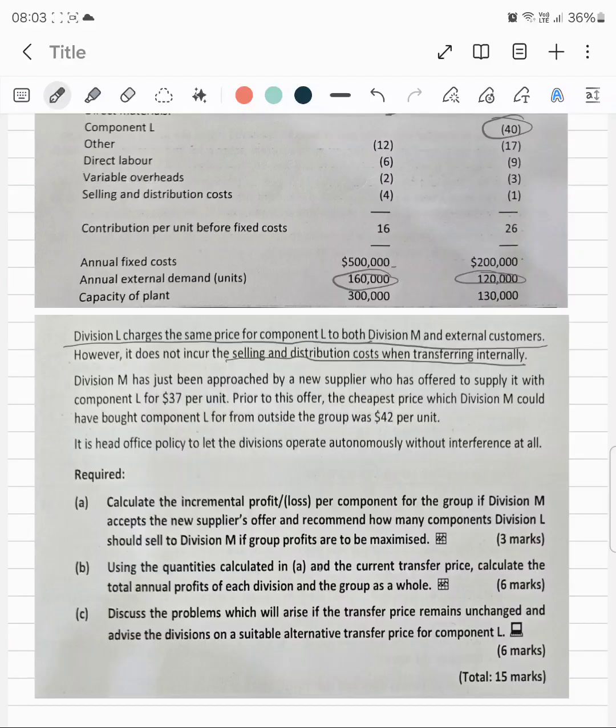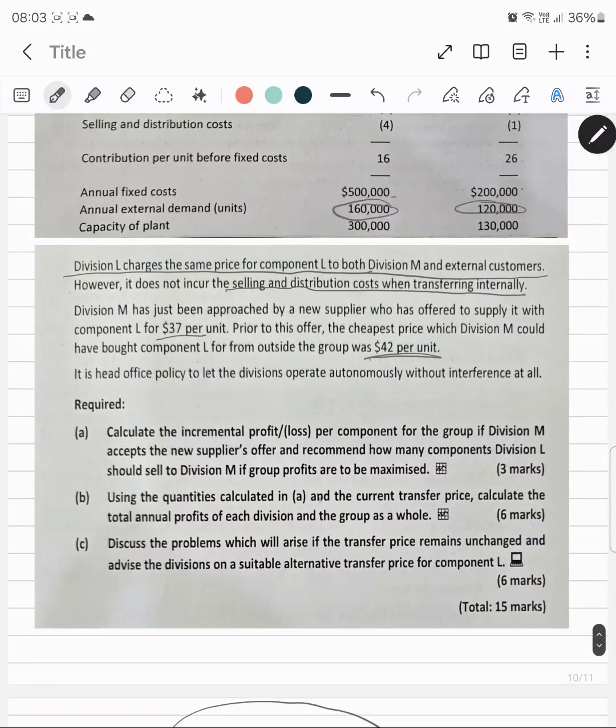So earlier it had an option to purchase component L from an outside supplier, and later this price got reduced by that supplier to 37 per unit. The head office has a policy to let the division operate autonomously without interference at all.